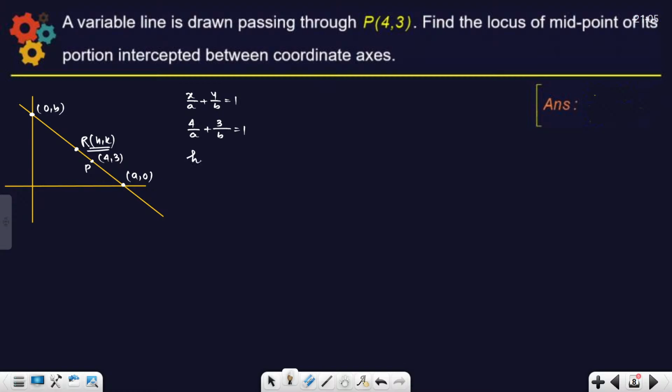So what will be your h? h is (a + 0)/2, that is a/2, which implies a is twice h. Similarly, your k will be (0 + b)/2, which is b/2, so that implies b is 2k. Is it clear? Now let me put the values of a and b in this equation.